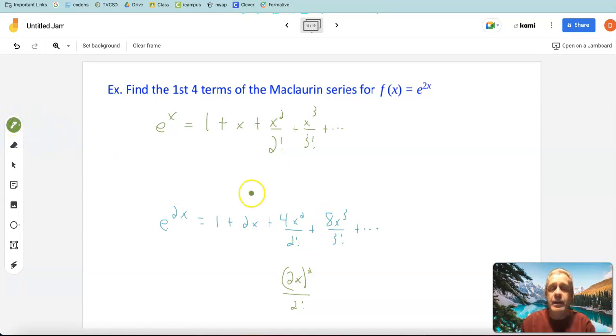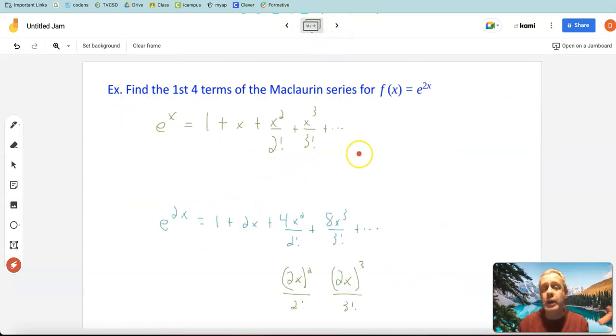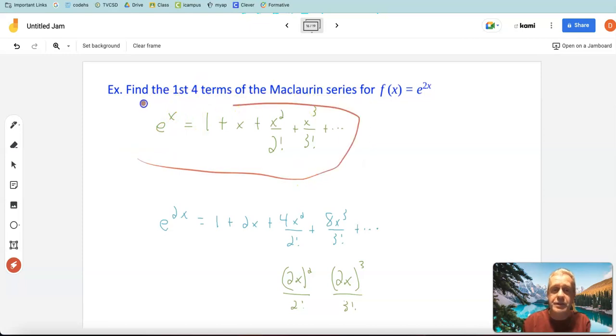And if we look at the next term of 8x cubed, I claim we can also rewrite that in terms of this 2x. We can express that as 2x, whole thing cubed, over 3 factorial. And so essentially, instead of doing this whole long process to come up with the Maclaurin series for e to the 2x, I claim we could have taken the e to the x Maclaurin series.